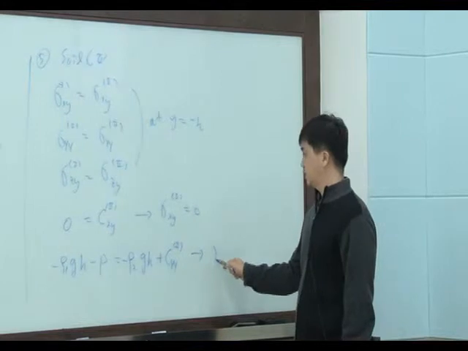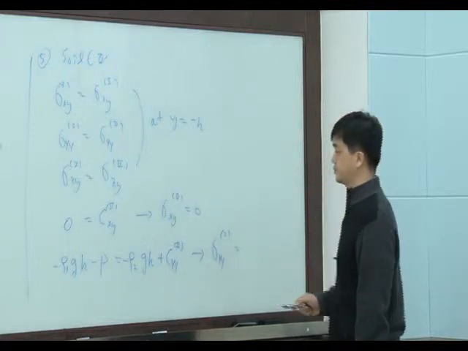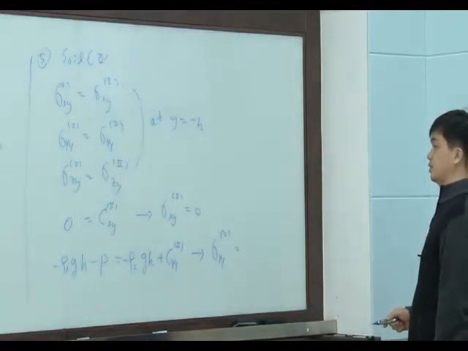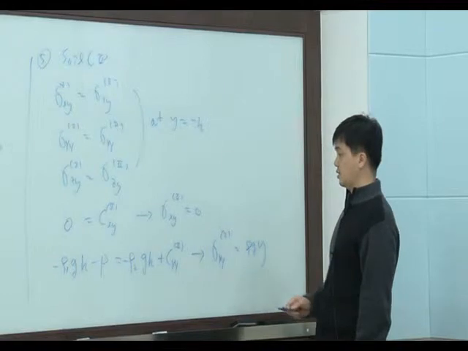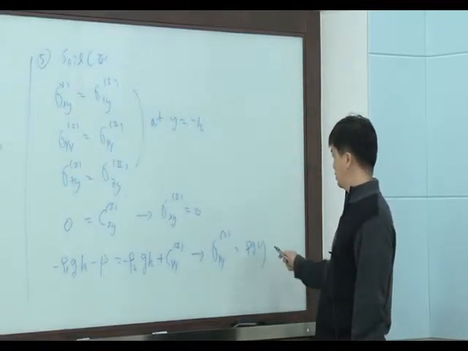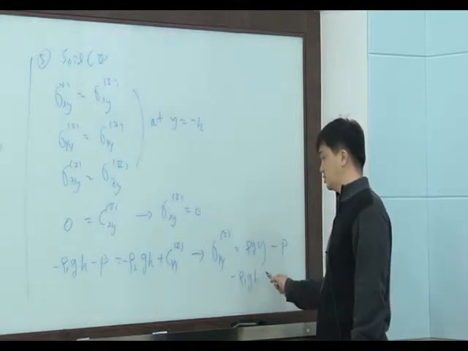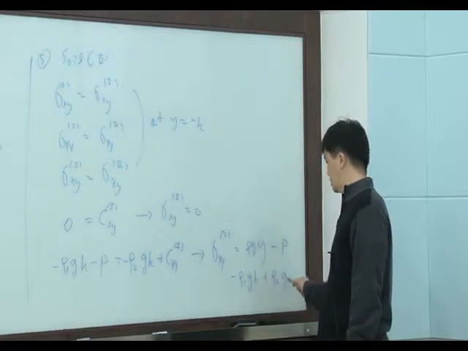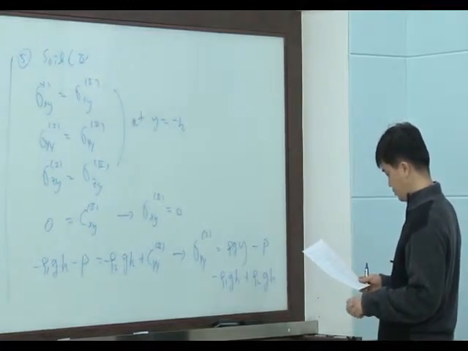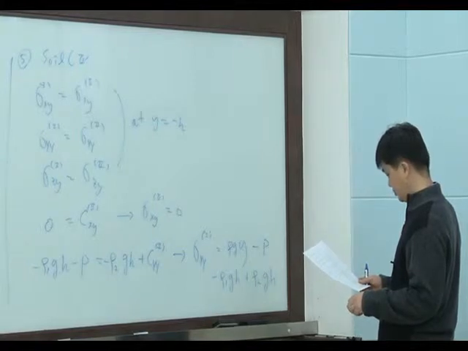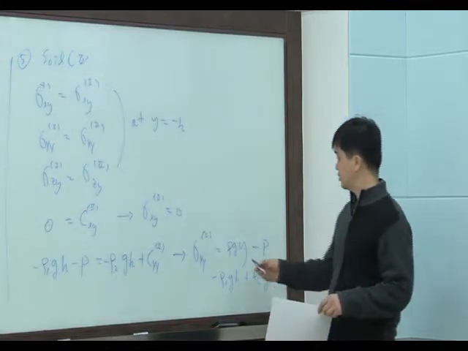So stress yy2 equals rho 2 g y, minus p minus rho 1 g h plus rho 2 g h. Here we should have rho 2.